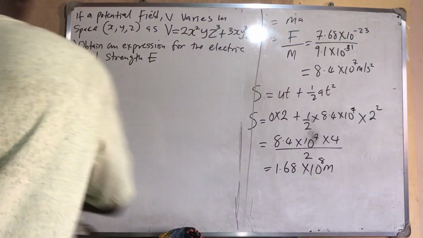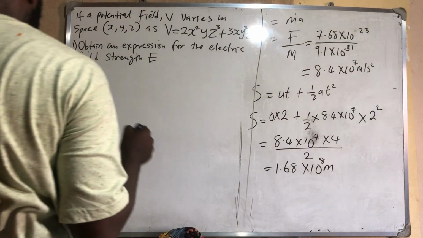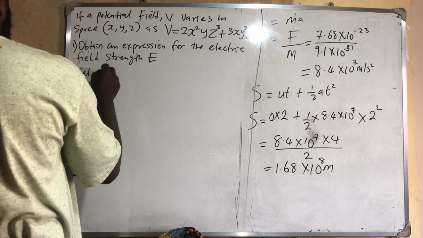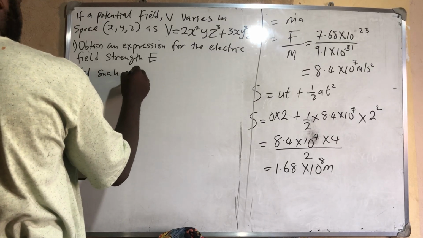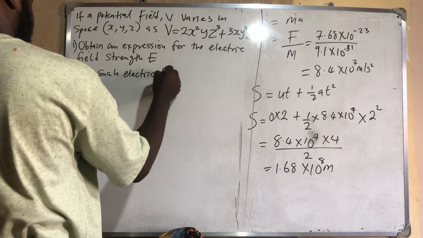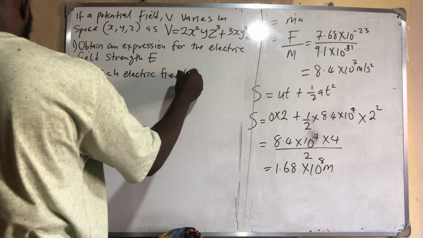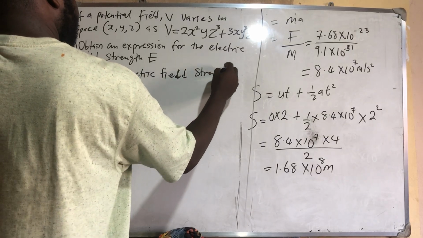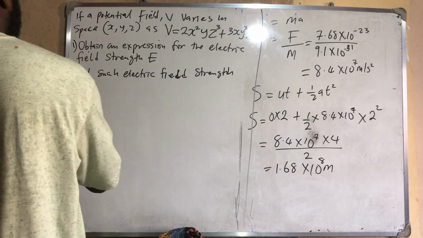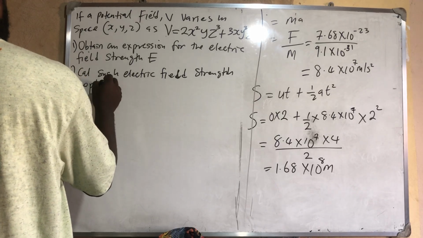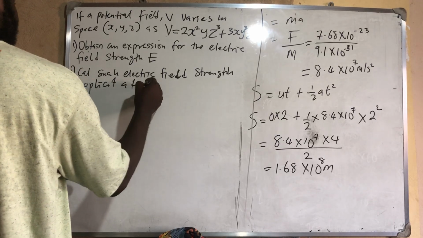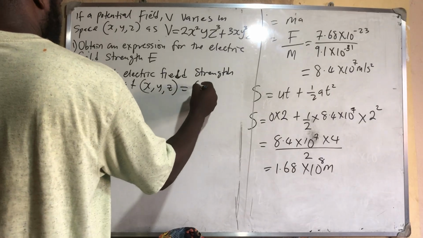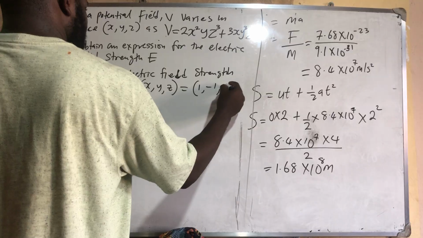All right. So number 2, they say we should equally calculate such electric field strength explicit at x, y, z equals 1, minus 1, 2.